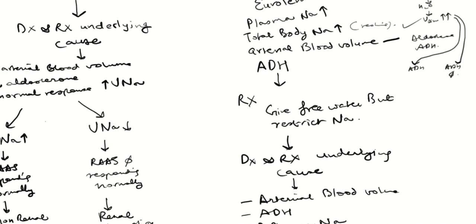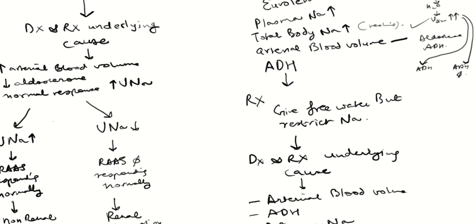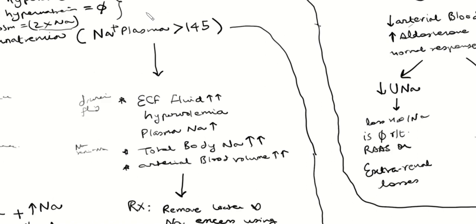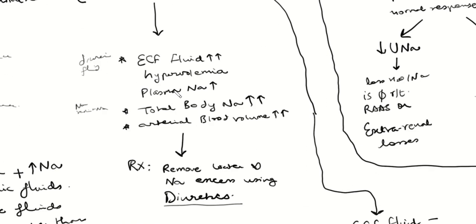Let's see if you can actually do some basic diagnosing. Let's look at hypervolemic hypernatremia. And of course, it's going to be hypertonic. But because the extracellular fluid is more, the arterial blood volume is more, aldosterone is the key hormone here.